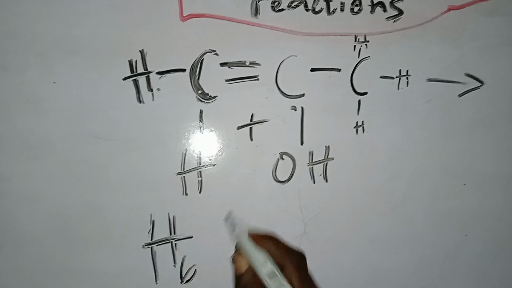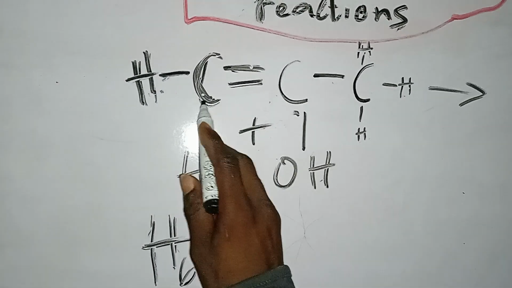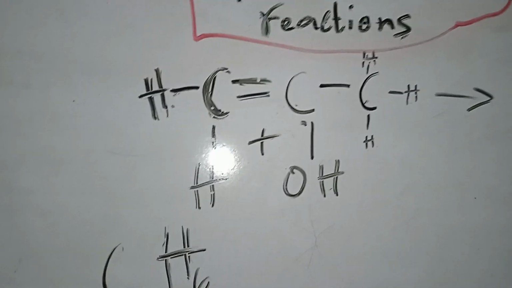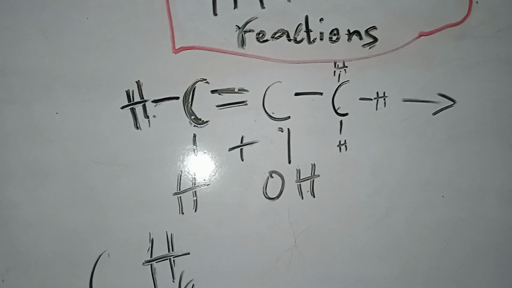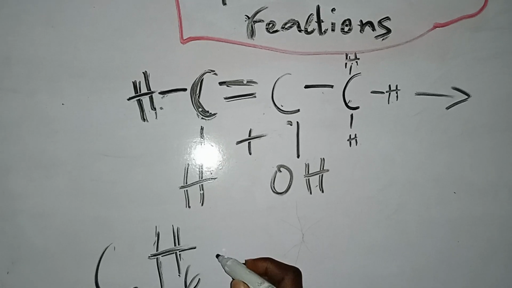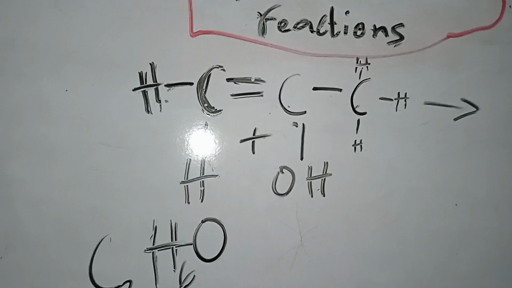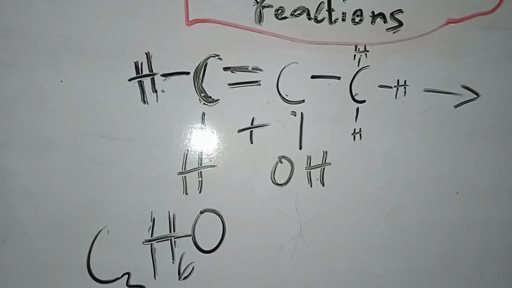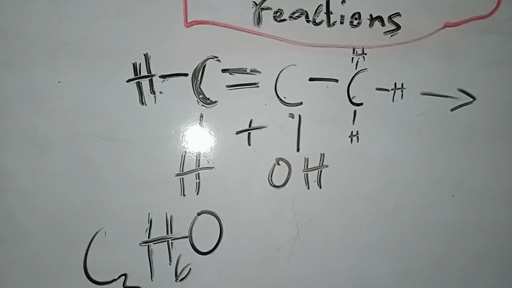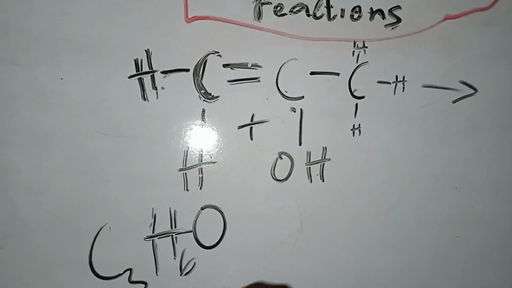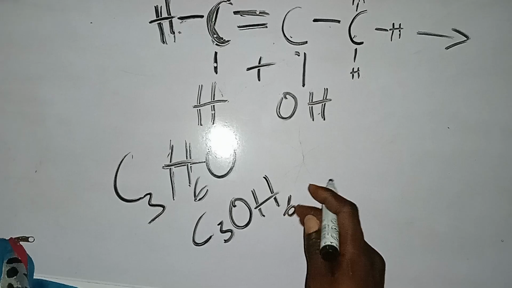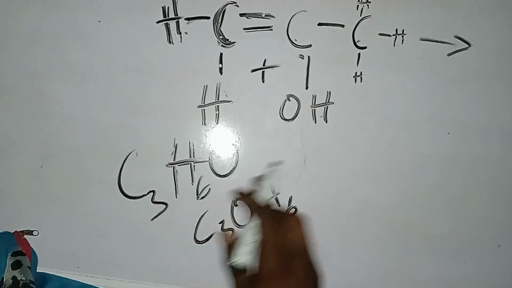So 6. How many carbons? 1, 2, 3. C3. And notice that there is O. So this is C3H6O, or you can say C3OH6, but it makes more sense this way.